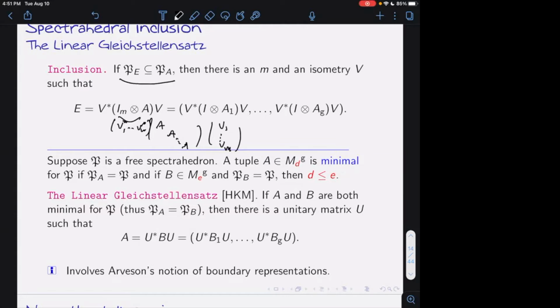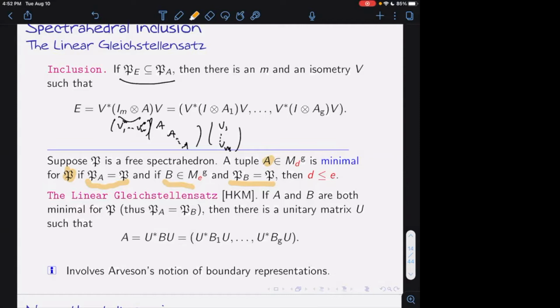If you want to look at the mutual inclusion, let me introduce some terminology. So we'll say that the tuple A is minimal for a free spectrahedron P. Of course, the tuple A should determine the spectrahedron P. And minimality is if you take any other tuple B that gives you the spectrahedron P, then the size of B should be at least as big as the size of A, or the size of A is minimal amongst the sizes.